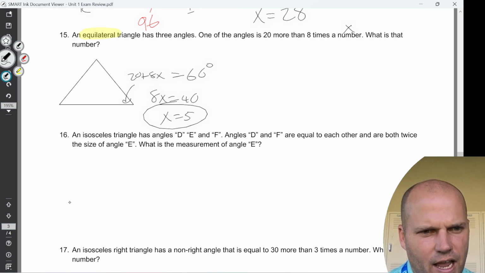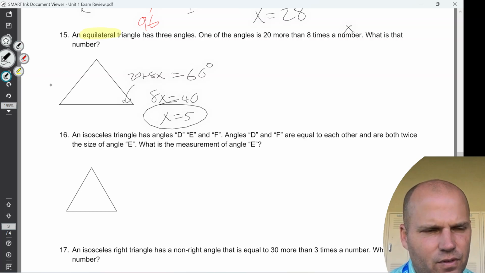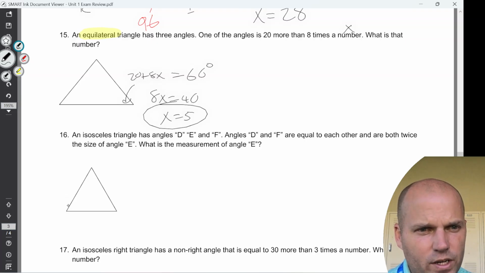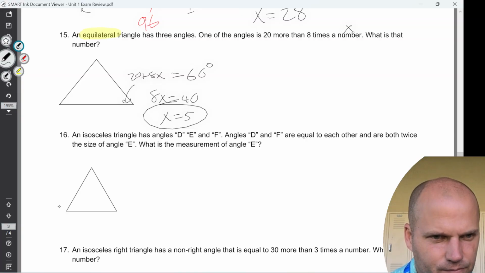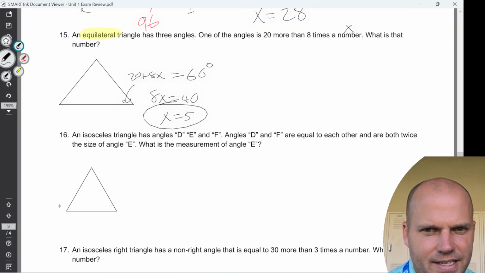An isosceles triangle has angles D, E, and F. Angles D and F are equal to each other and are both twice the size of angle E. Well, I don't know what the size of angle E is, so I'm going to label it as X. So E is X, and then D and F are 2x. Okay, that's no big deal.